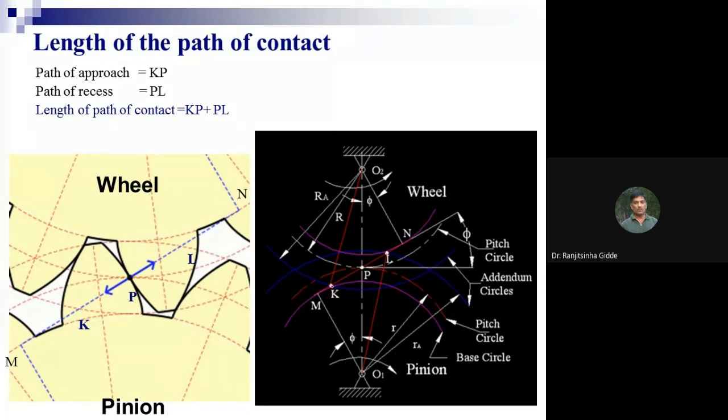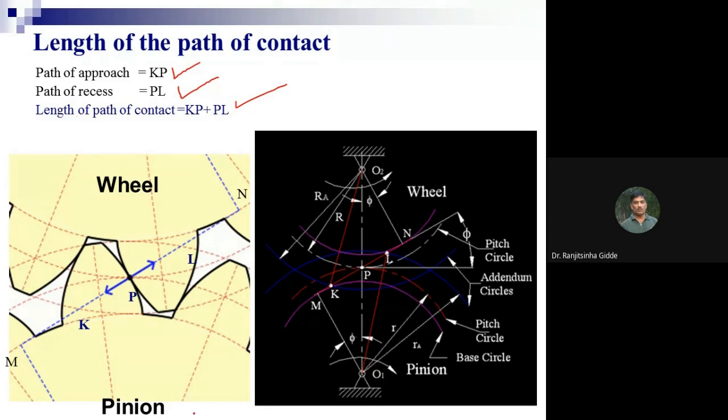At the start of engagement, this is K, and from K to the pitch point, that length KP is considered the path of approach. Remember, this will be asked. From P, the pitch point, to the end of engagement is the path of recess. Combined, we get the length of path of contact.